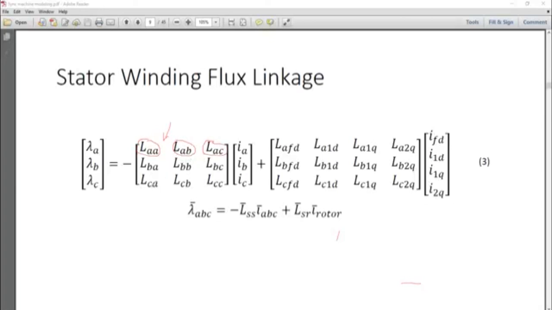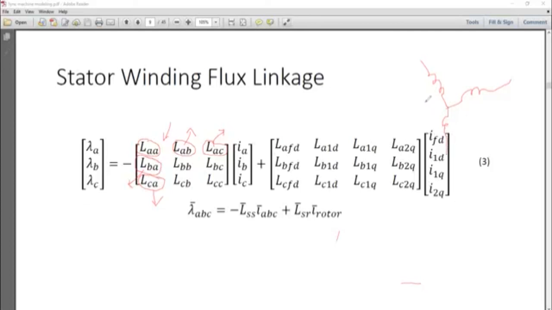Now, can anyone tell, once you calculate LAB, can you say what is LBA? And again, once you calculate LAC, can you say what is LCA? Let's say you have 3 sets of stator coils.